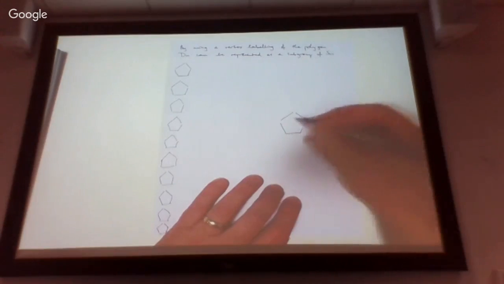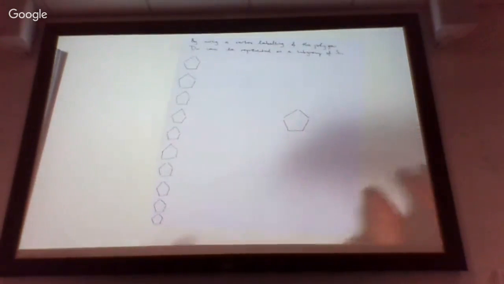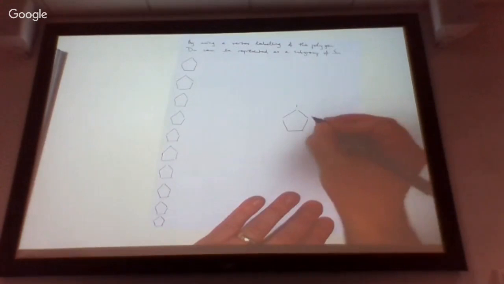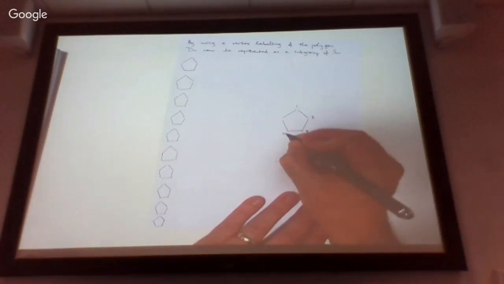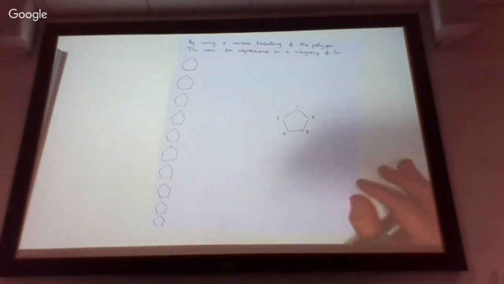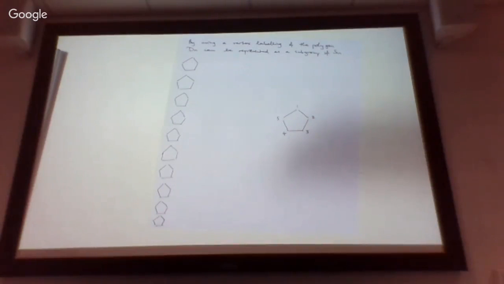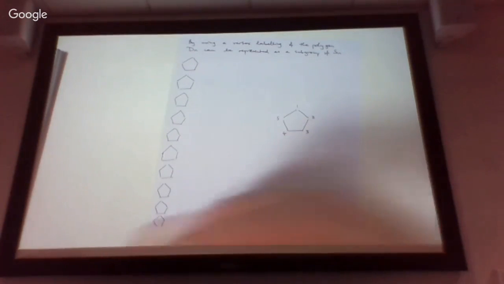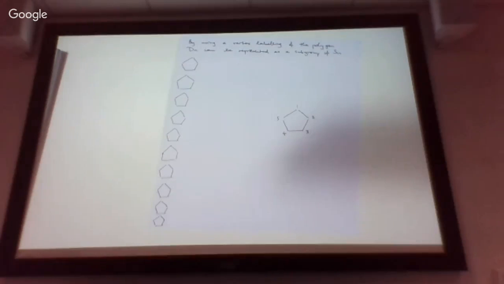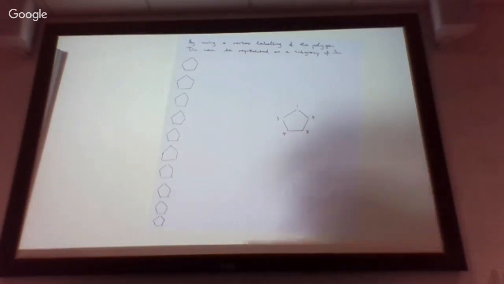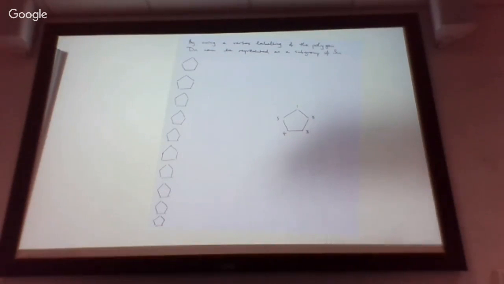Maybe it's a bit perverse, I should have drawn it starting on the left and ending on the right. Here we think that this is the starting pentagon. It's got 5 vertex labels. We'll apply each of the 10 symmetries that it has, and then we'll be able to read off the permutation representation of that symmetry.